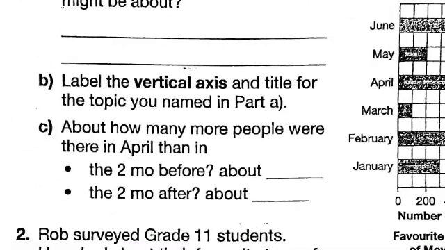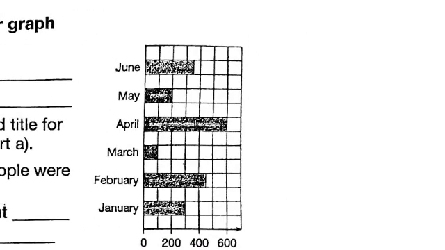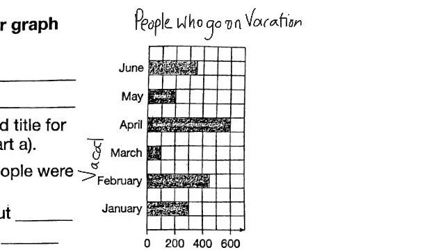It says right here, label the vertical axis and title for the topic you named in part A. So let's call this people who go on vacation. And then here on the side, we can call these vacation months.